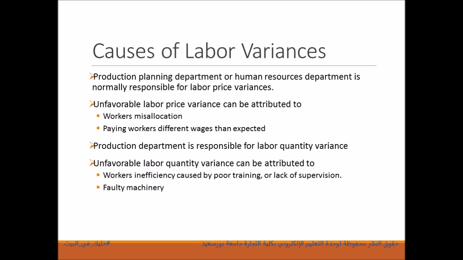With respect to the labor efficiency variances, unfavorable labor efficiency variances can be attributed to workers' inefficiency caused by poor training or lack of supervision, or even faulty machinery can cause unfavorable labor efficiency variances. The production department is responsible for such unfavorable efficiency variances.